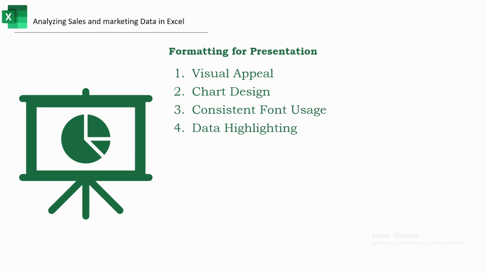This makes it easier for your audience to focus on critical information. Data tables. Format data tables for clarity. Use alternating row colors, bold headers, and borders to distinguish rows and columns. Consider adjusting column width for better readability.